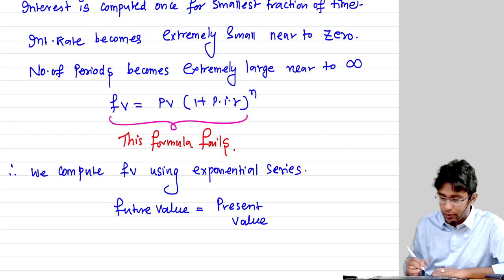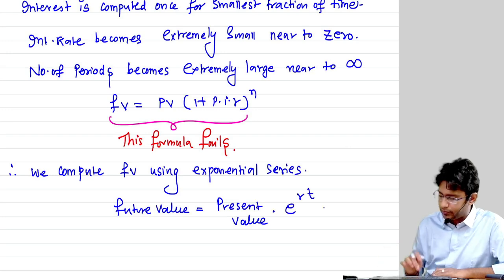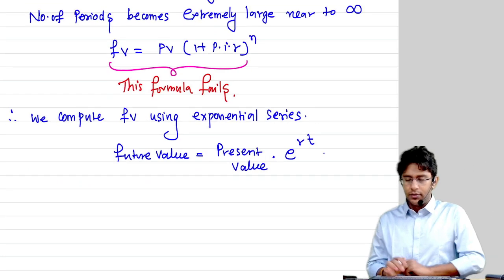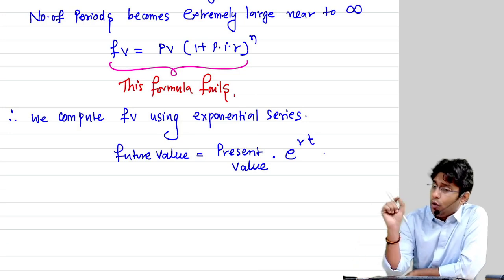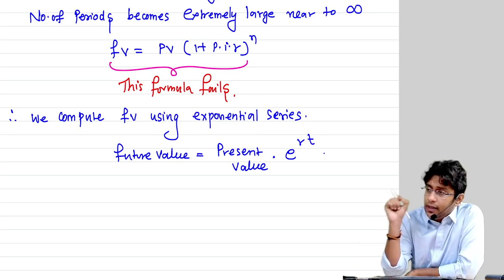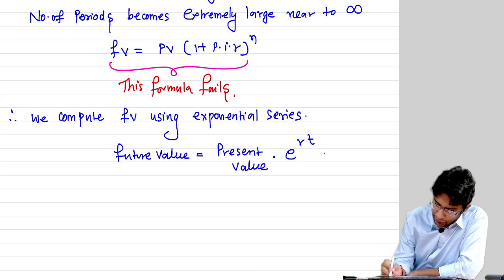Future value is equal to present value into e power rt. So in place of (1 plus PIR) whole power n, e power rt came. Okay. Careful with this formula, sir.